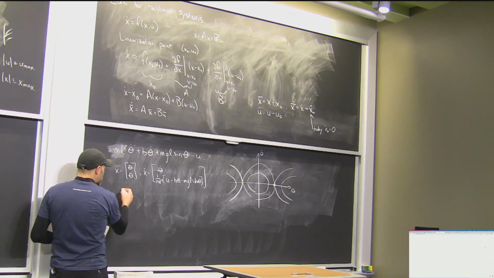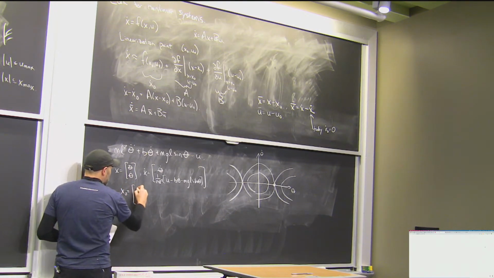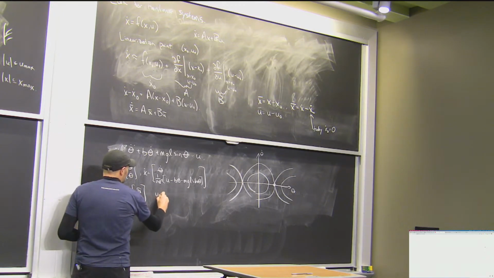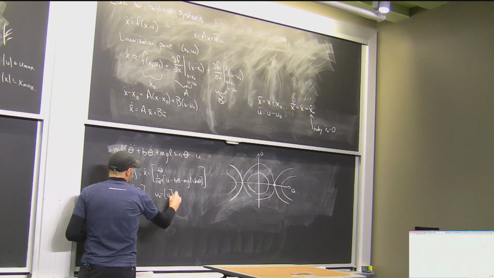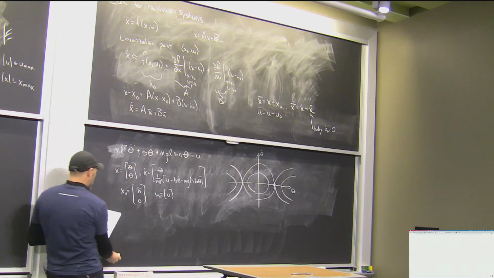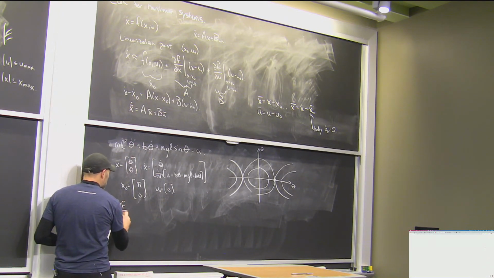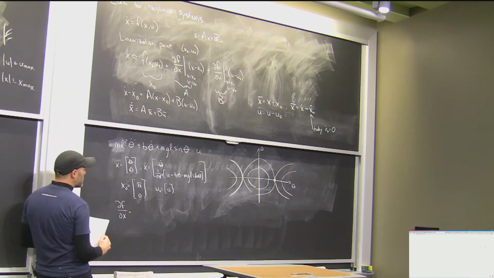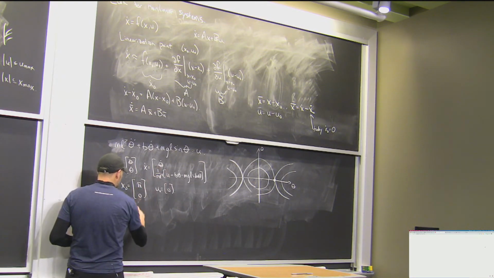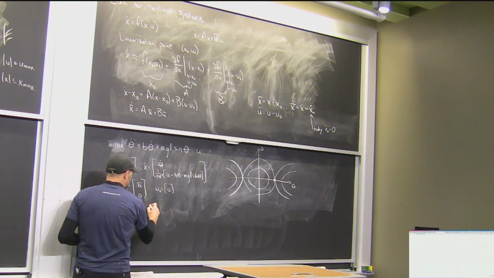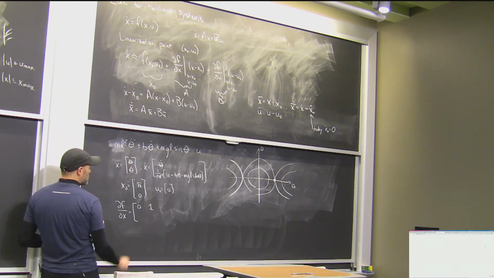So when I choose x nominal to be pi, 0, u nominal to be 0, and I take my partial derivatives of that function, I'll get my A matrix just by taking the partial of this with respect to q, which is 0, with respect to q dot, which is 1.